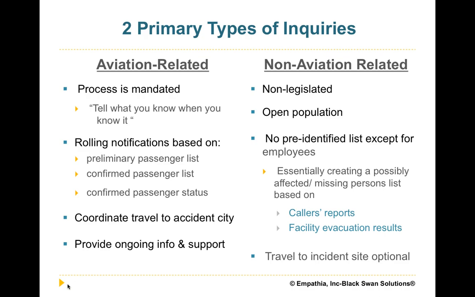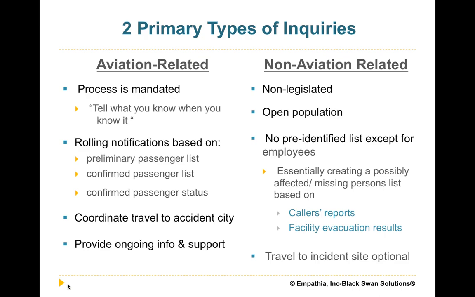After an aviation accident, the airline is required to set up a family assistance center, usually in or near the accident city, and pay for families to travel there, feed and clothe and provide other necessities to the families for what usually, or at least today, is averaging 5 to 7 days.